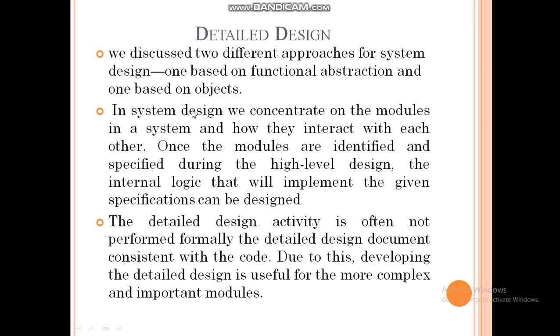So the main difference between system design and detailed design is this: system design is used to specify the modules and the interaction between the modules, whereas detailed design is used to specify how to implement the internal logic for a module's code.